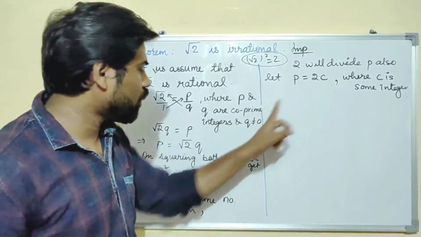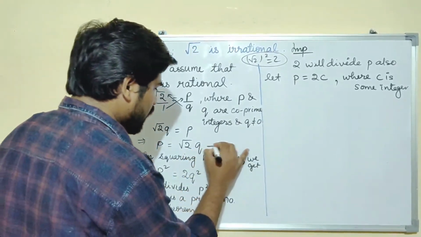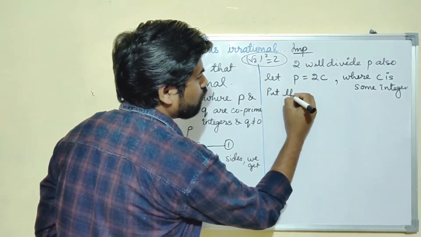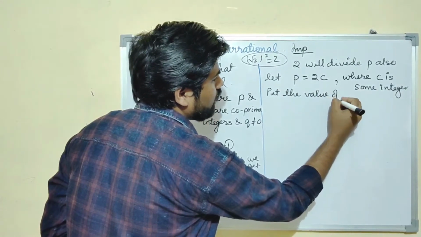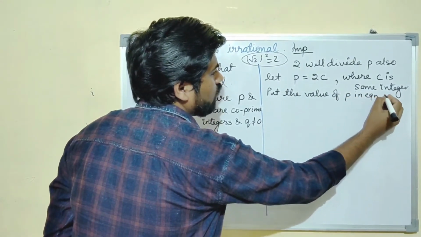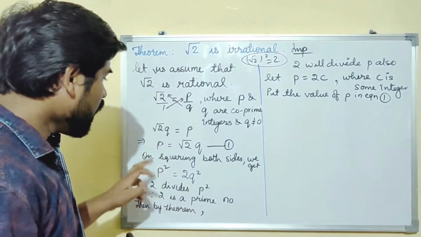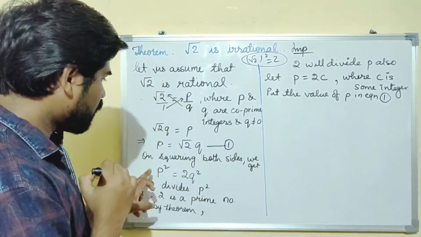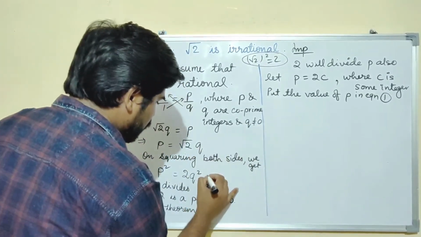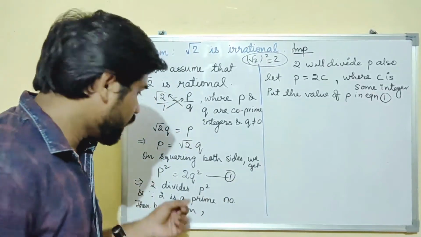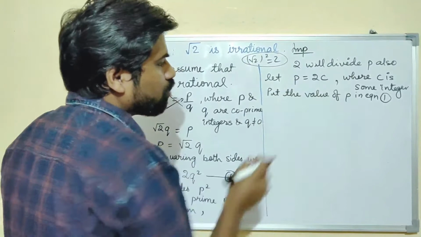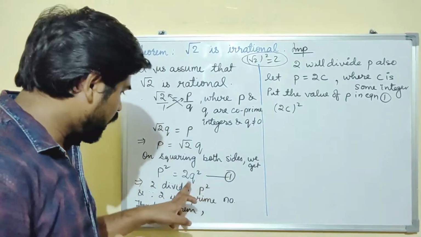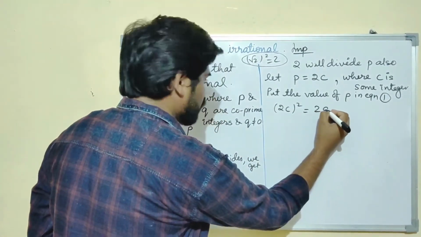Now put this value in this expression. Let us name this equation as 1. If you put the value of p in equation 1, you'll get p squared, 2c squared, equals 2q square.